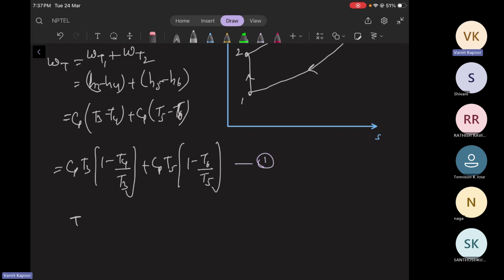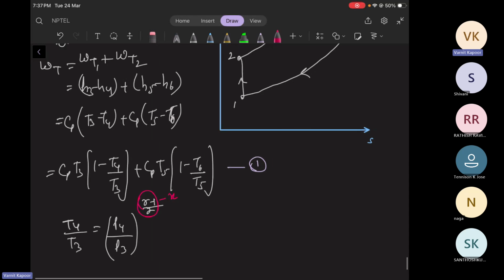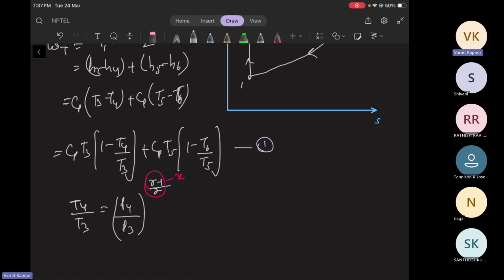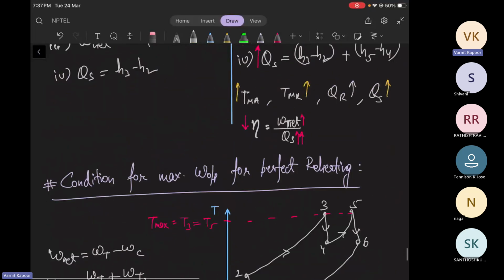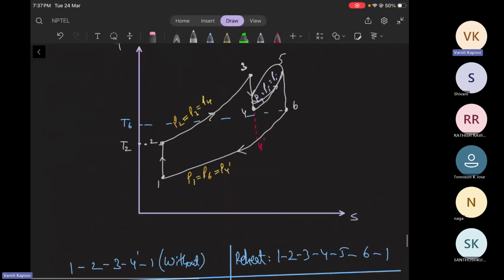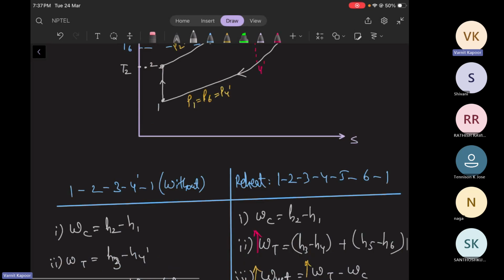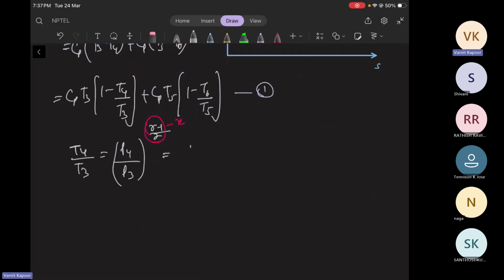We know that T4 by T3 is (P4 by P3) to the power of (gamma minus 1) by gamma. Let us say this exponent, (gamma minus 1) by gamma, is basically x. So P4 is P intermediate and P3 was P higher, with power x.